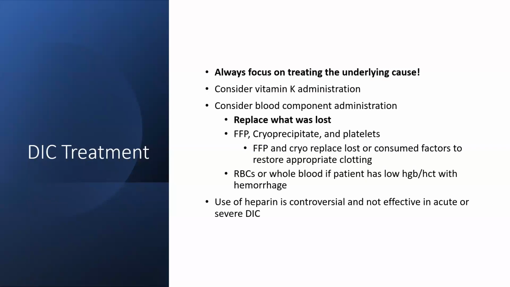So treatment for DIC, kind of like I said earlier, treating the underlying cause is always the big thing. We may need to consider vitamin K administration in addition to replacing any blood components that may have been lost. If that patient has had consumption of clotting factors, we can replace a lot of those factors with FFP, fresh frozen plasma, with cryoprecipitate, or with even a prothrombin complex component or PCC.